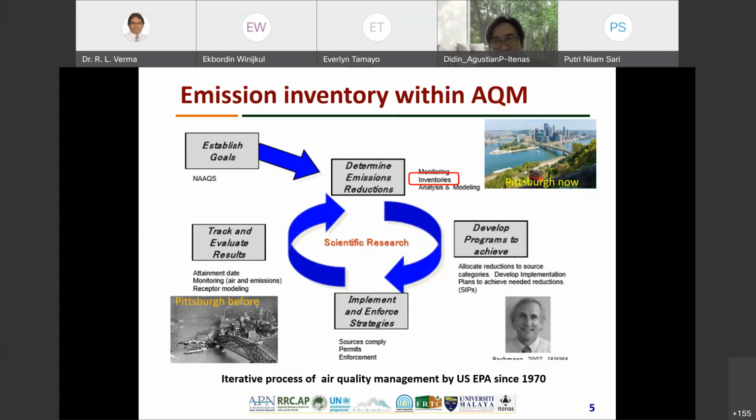This helps policymakers develop programs to achieve, and then implement and enforce strategies through source compliance, permits, and enforcement. So this cycle of air quality management is so dynamic, including the emission inventory tools, which can always be improved time by time.